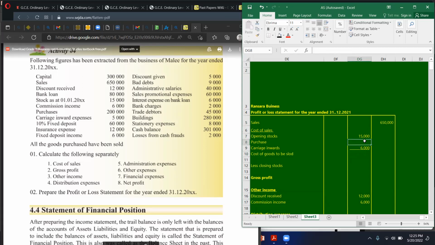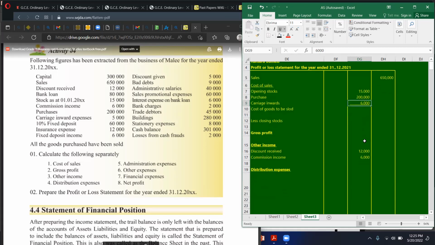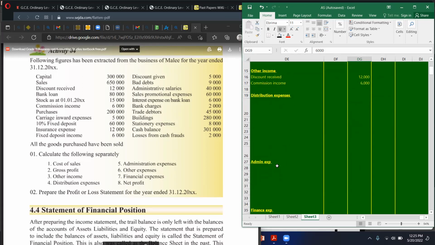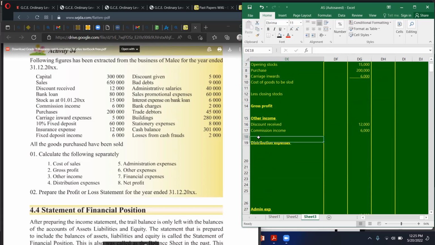Purchases, 200,000. Fixed deposit is an asset. Insurance, admin. Fixed deposit income, other income.